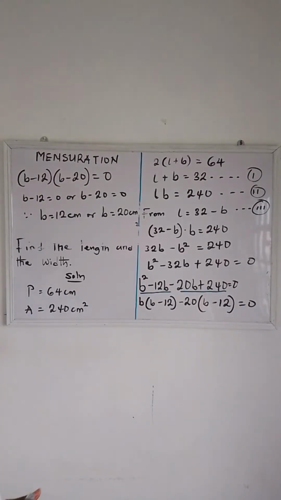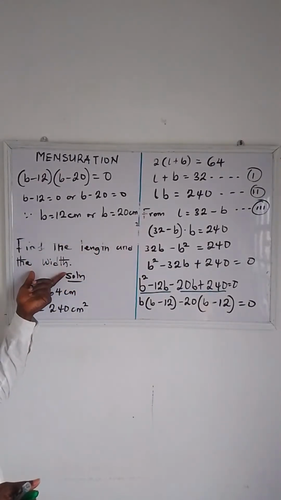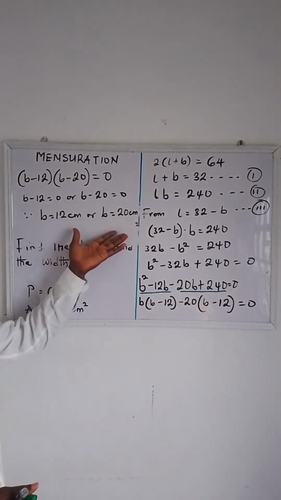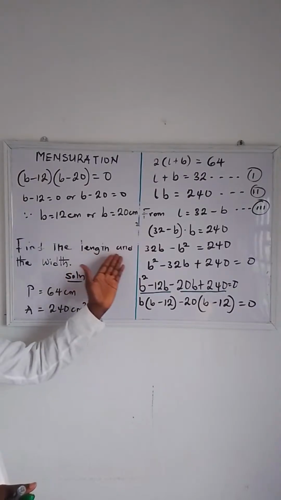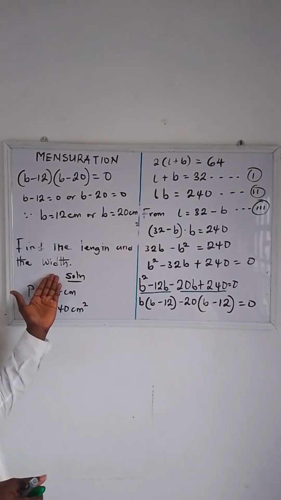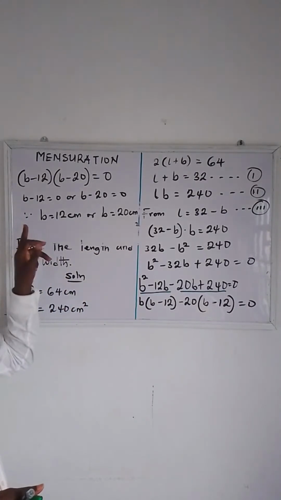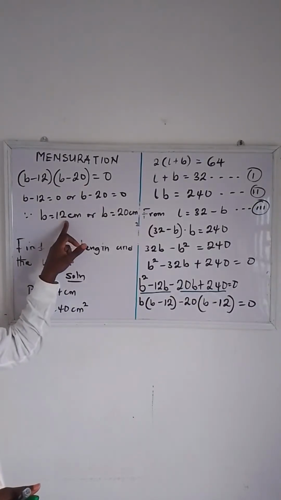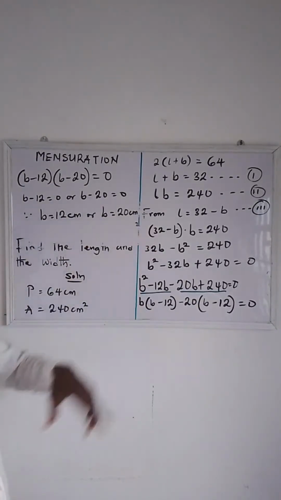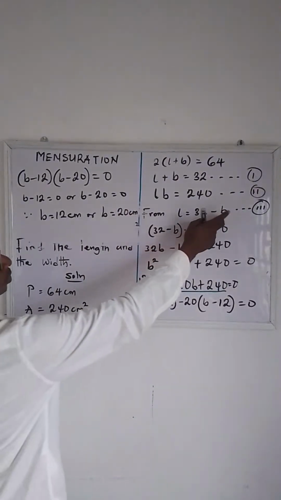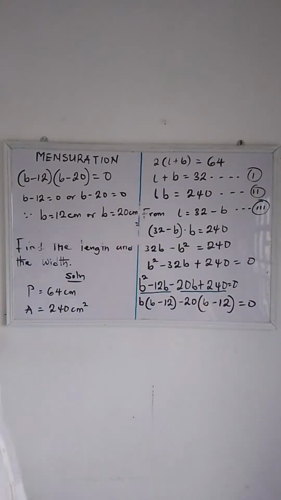All right. So we are there now. We have two values for the width. But the question wants us to find the length and the breadth. Now, if the breadth is 12, what is going to be the length? You just need to come to equation 3.